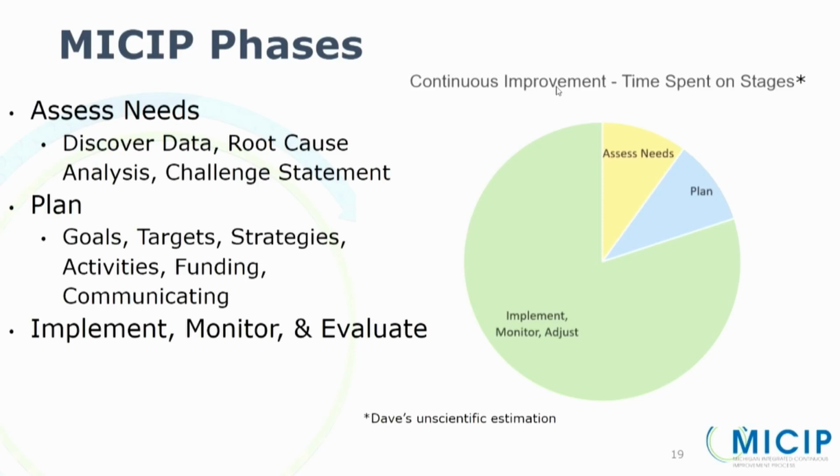So I'm going to put an asterisk here, which already is, for Dave's unscientific estimation of where a majority of our time should be in the school in the continuous improvement process. So the pie chart is assess needs, then we build a plan, and then a majority of our time is implementing, monitoring, and adjusting. I'll give you a medical example.